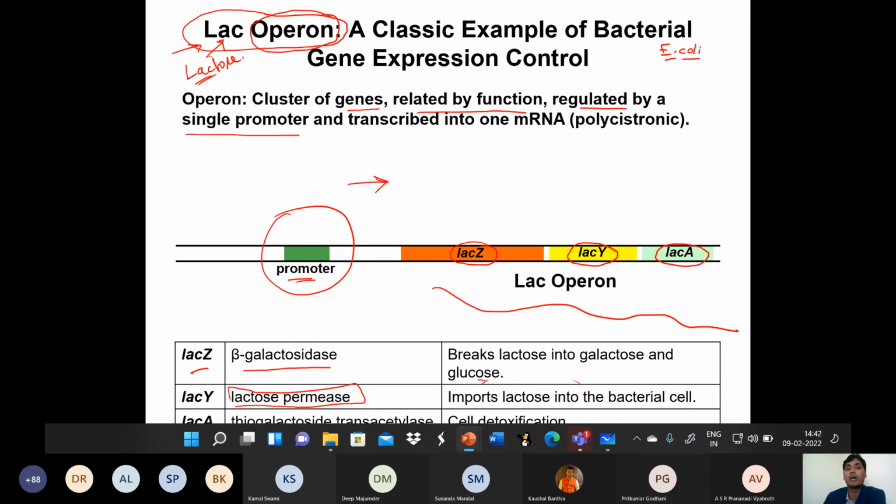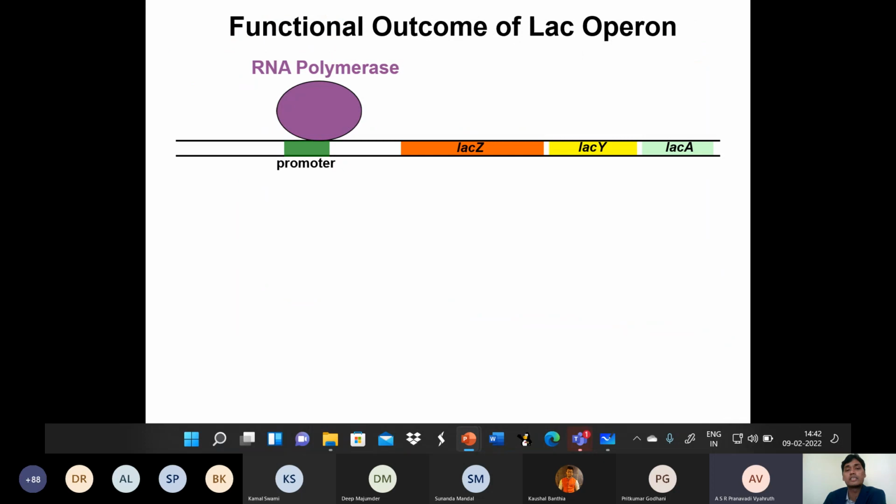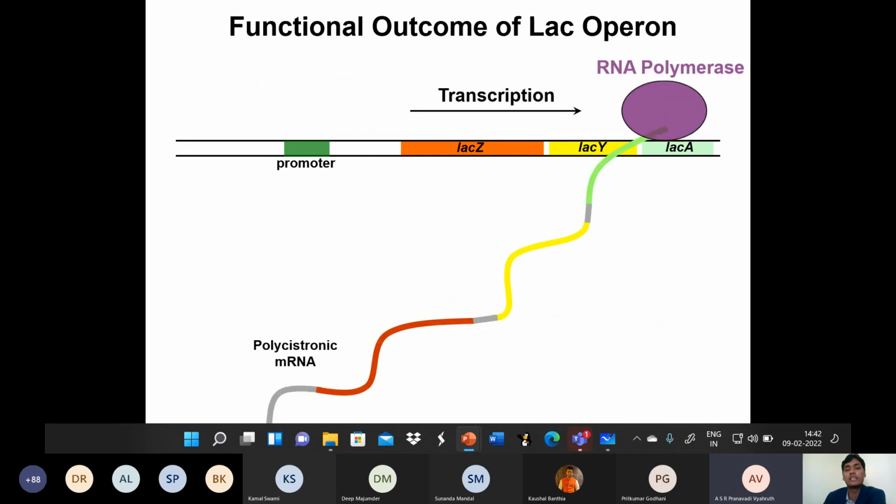So that's the idea of this lac operon, and you can see when this promoter is recognized by RNA polymerase, and then if RNA polymerase moves in this direction, what will it make? It will make a long RNA that contains the information of all these three genes, Z, Y, and A. You can see these three different segments are color coded.